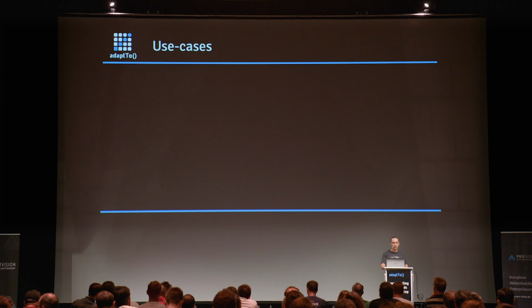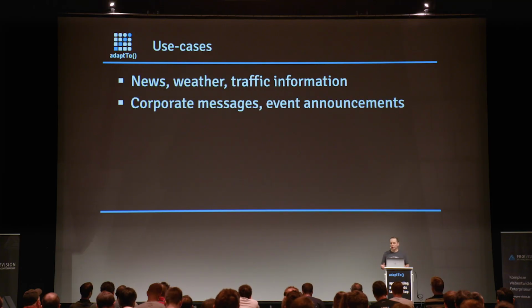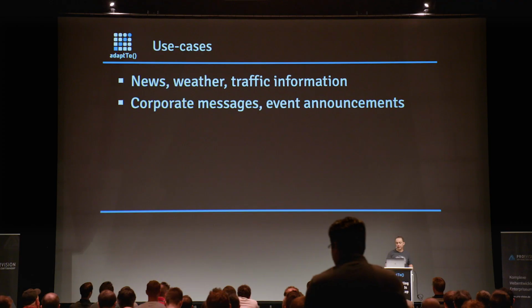So, of course, I have to mention the why. Why would you use this thing? There are a number of use cases, and a lot actually appearing. It's an emerging industry. For example, it could be public information, something like news, weather, traffic information. At the train station, you can see the timetable, it's all there. Internal information like corporate messages or event announcements, or if you want to book a room, a little signage screen in front of the room, it's also digital signage.